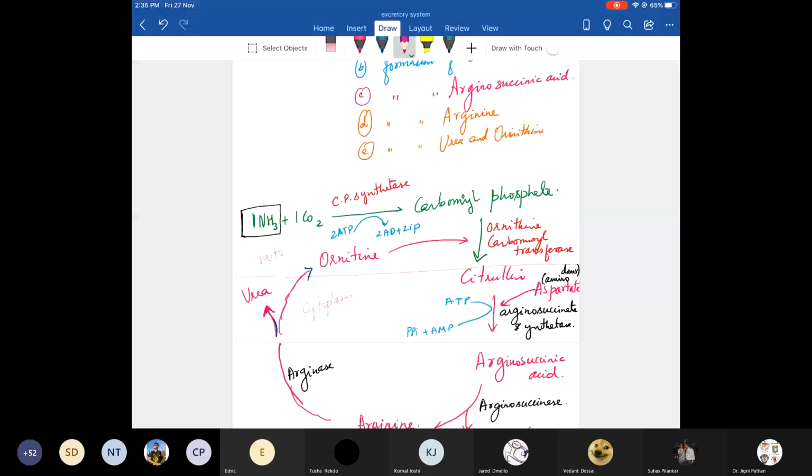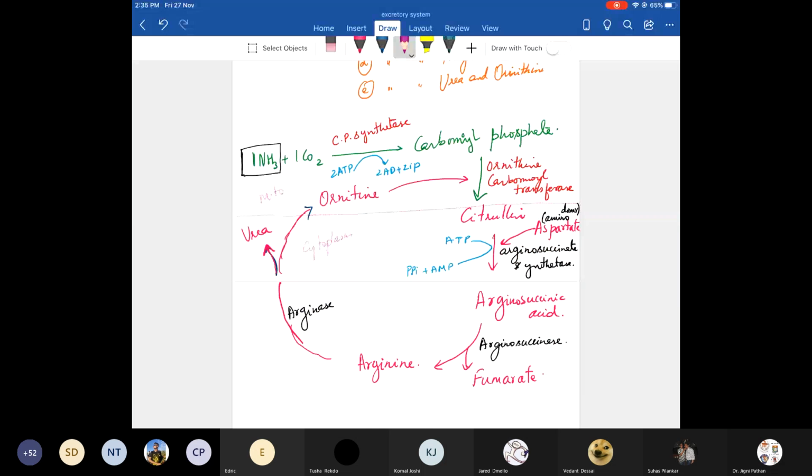The urea is thrown out, whereas ornithine goes back into the cycle again. So it is a cyclic process. The names ornithine cycle, urea cycle, or Krebs-Henseleit cycle are the names of this cycle. So two ammonia combine with carbon dioxide, using how many ATP molecules? Very important question: 3 ATP molecules.